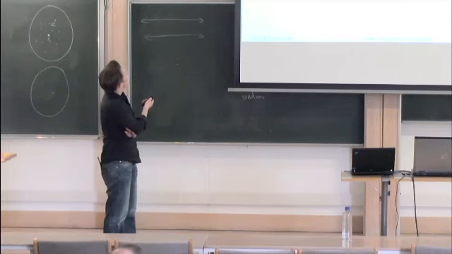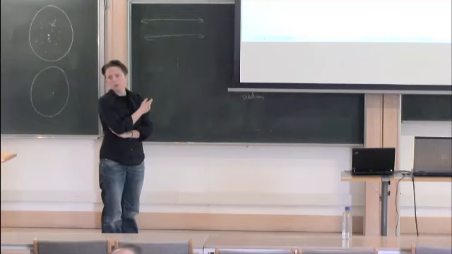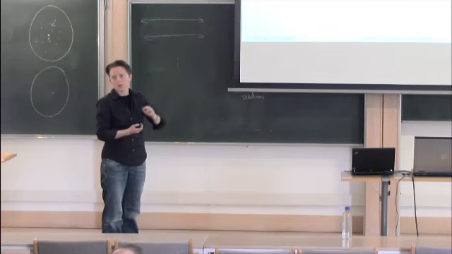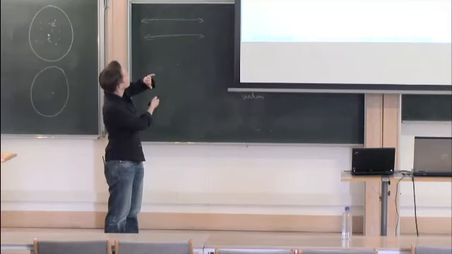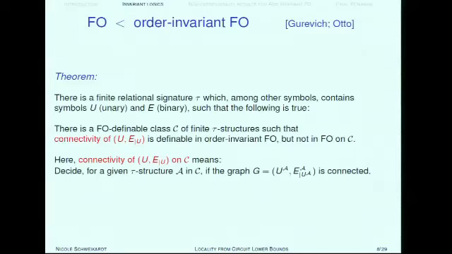So C here is not a class of graphs, but a class of finite tau structures, graphs with some other relations on them. Inside such a structure, I look at the graph defined by the relations U and E. I don't want to go into details here; in Leonid Libkin's textbook, you find in one of the examples a detailed description of what the structures look like.